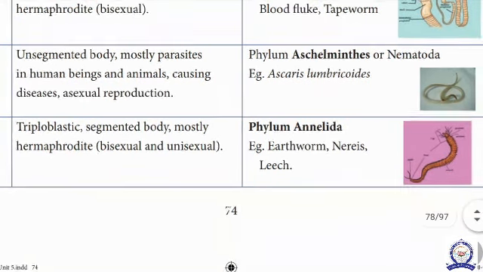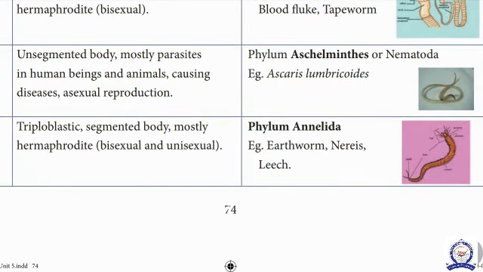The next phylum is phylum Annelida. This group of organisms has a segmented body. Then triploblastic. Triploblastic means three germ layers, and the three germ layers are formed inside the body wall.